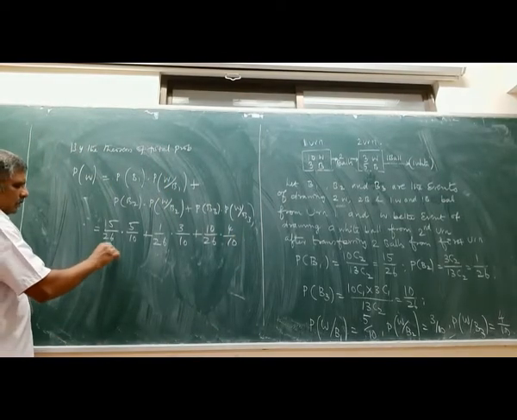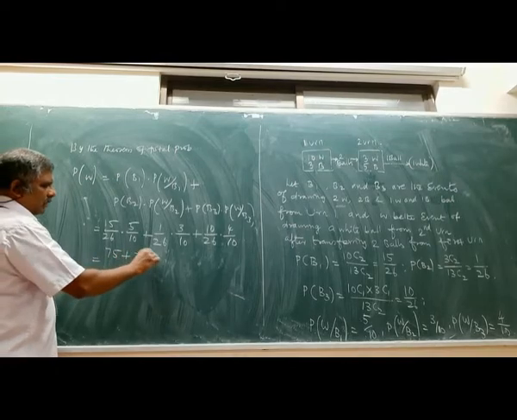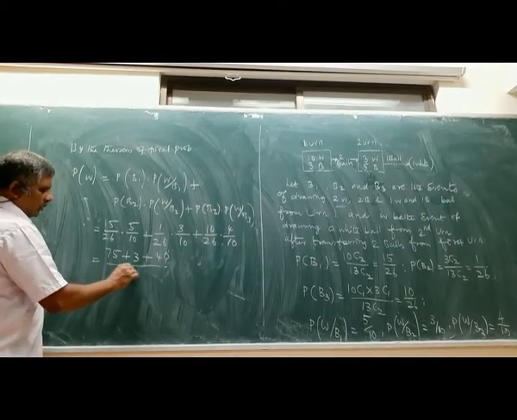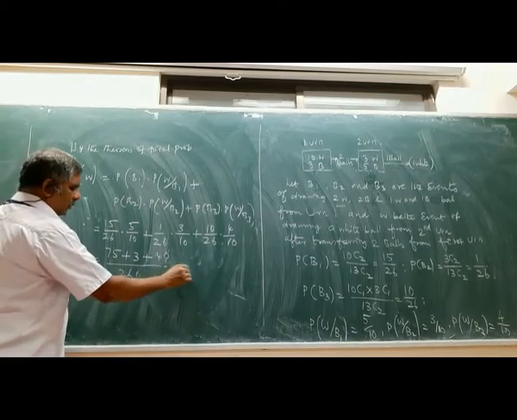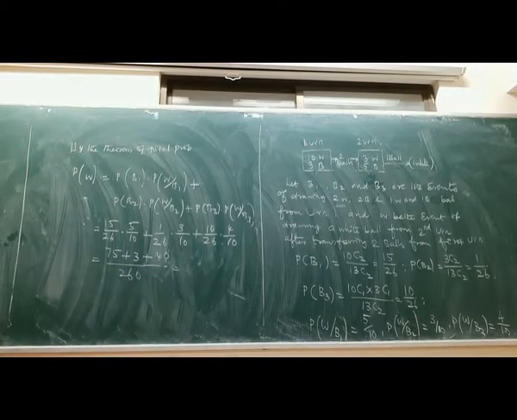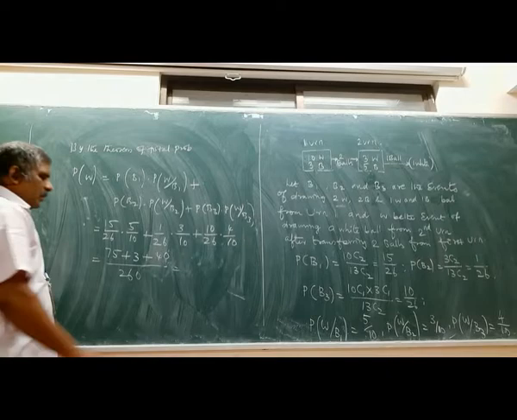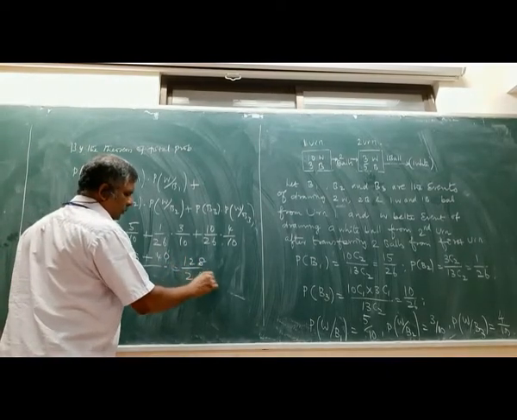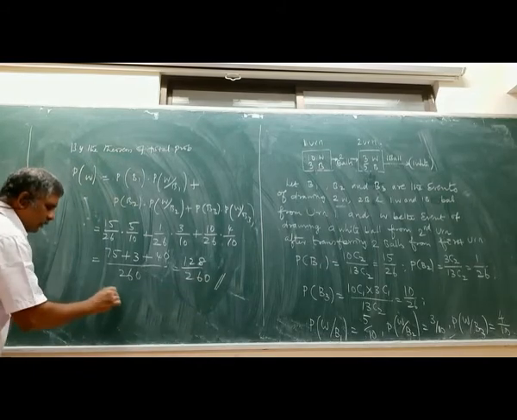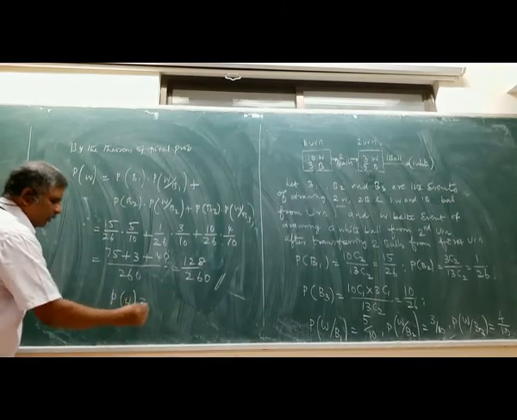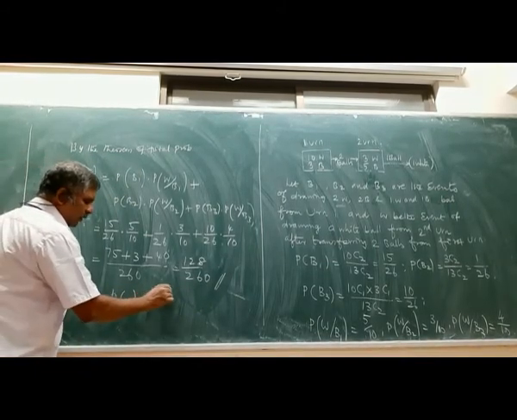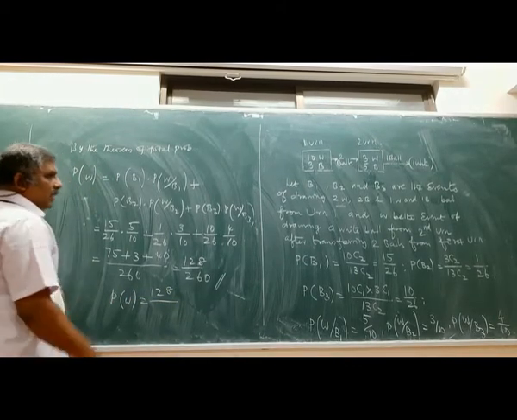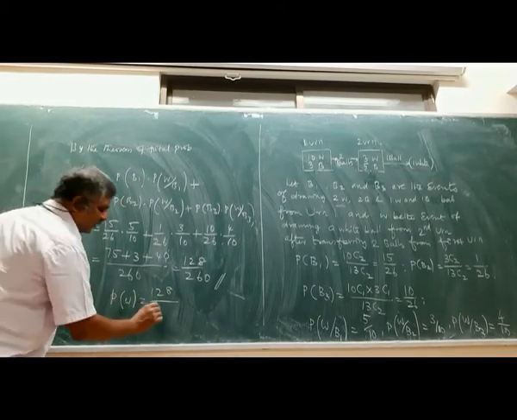That is 75 plus 3 plus 40 by 260. So that is equal to 128 by 260. This is the probability of drawing one white ball from the second hand when 2 balls are transferred from the first hand.